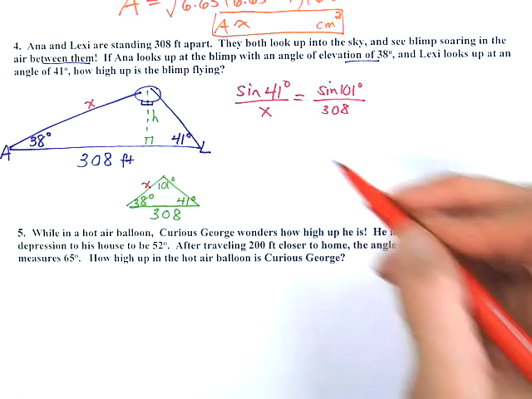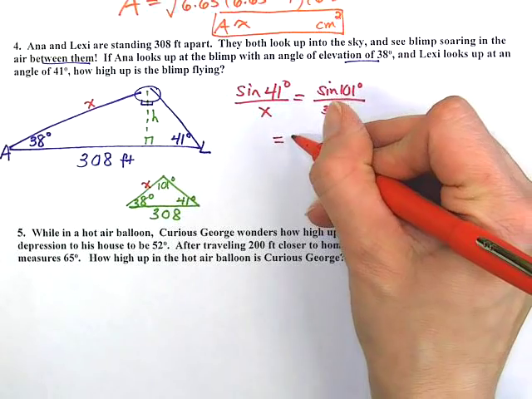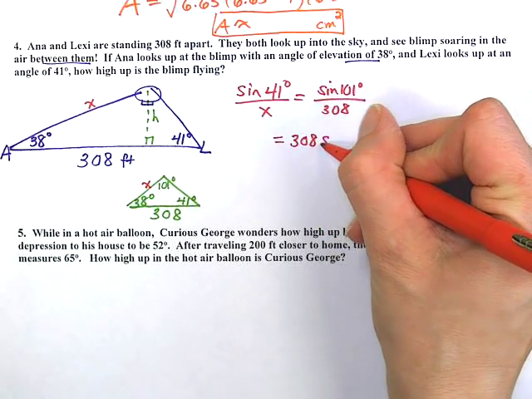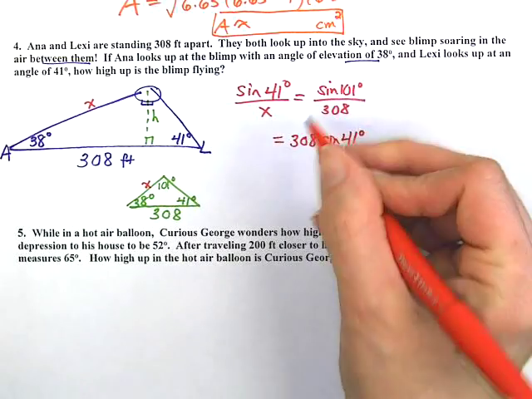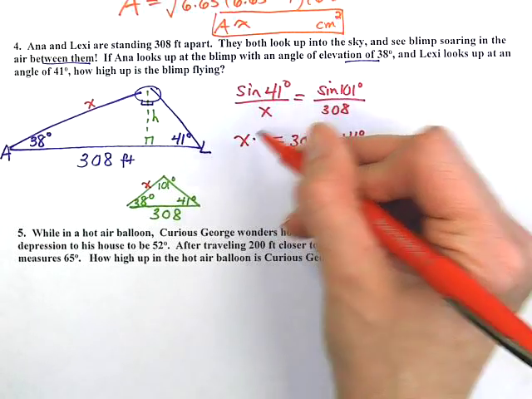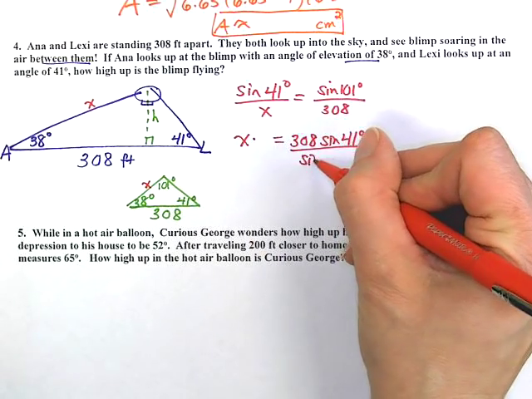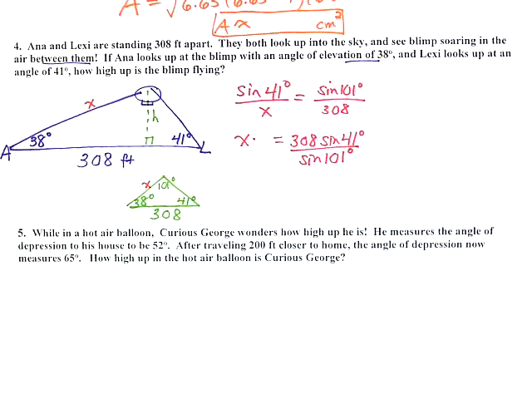If you cross multiply, x times the sine of 101 equals 308 times the sine of 41 degrees. Then let's divide both sides by the sine of 101. I wrote a couple steps there at once. If that's too confusing, do a couple lines of work.